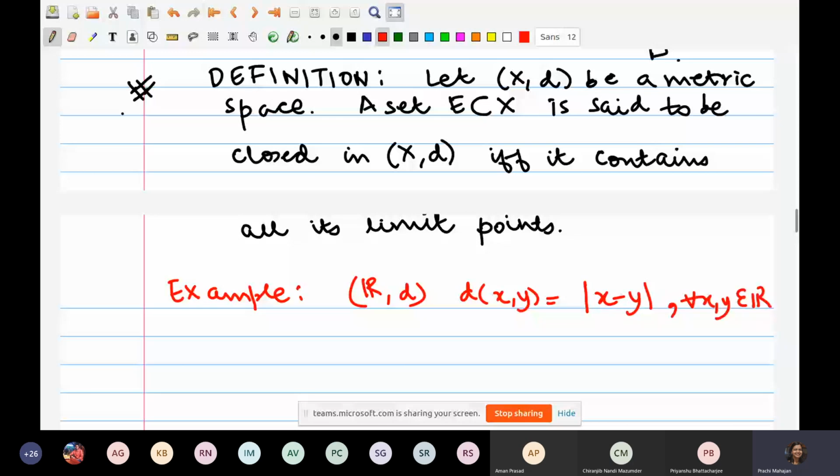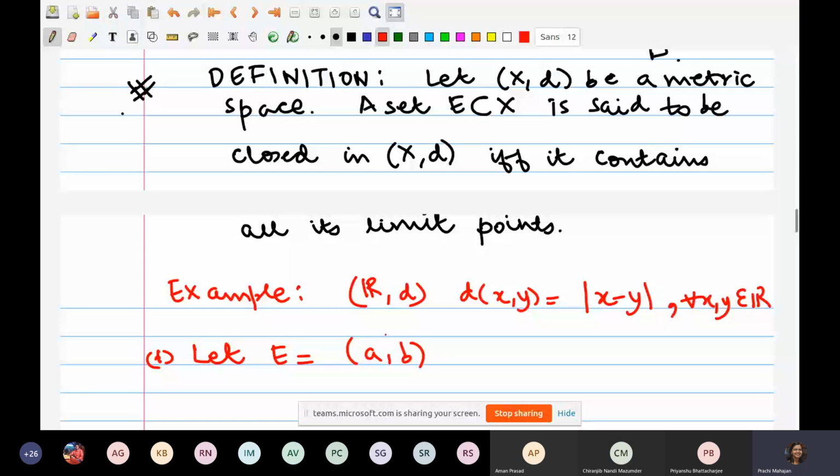Let's consider the interval (a, b). Let's consider E to be the open interval (a, b). So the question I'm asking here is, is the open interval (a, b) a closed subset of the Euclidean space R with metric D?